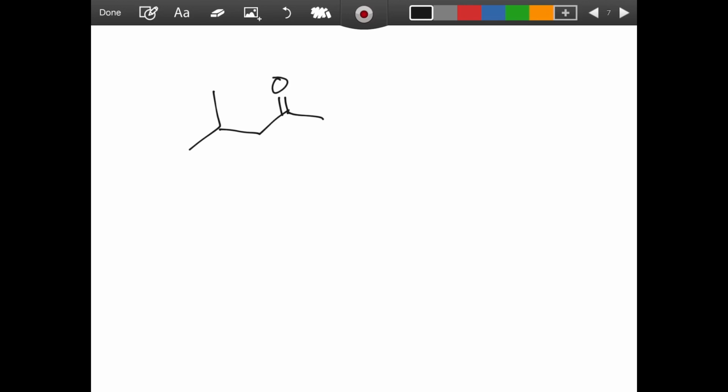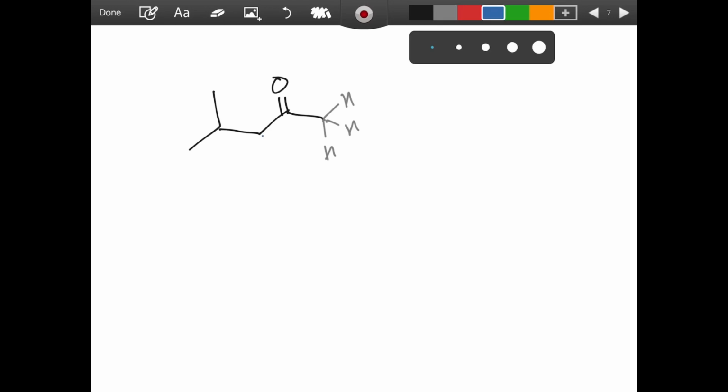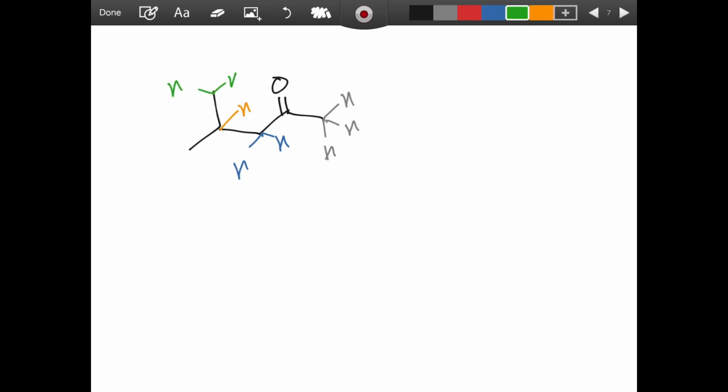So let's say I have this now. Label all of our hydrogens here. I'm kind of giving it away by labeling them the same. So the gray hydrogens are unique, right?